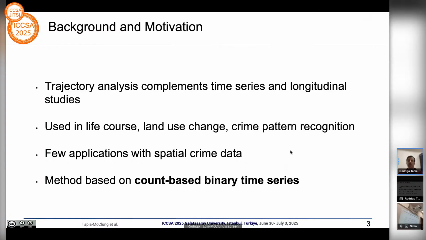We haven't seen many applications of this methodology to crime data spatially. What we have seen in the past is that specifically for land use change, trajectory analysis has been used, but only for binary cases, whether a certain class exists or not in the data. So we're trying to adapt this to count-based, to incidence-based.